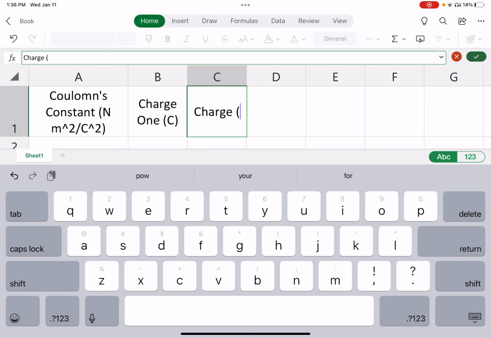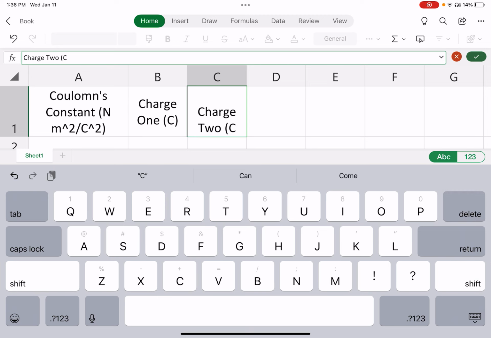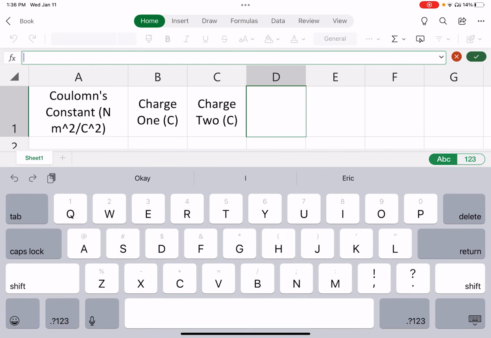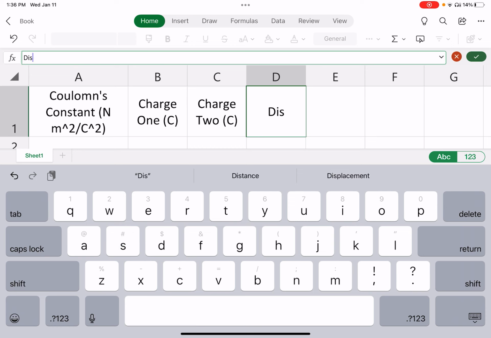And then we have charge two. I expect this to be fairly easy for you guys. And this is also in coulombs. So we have charge one, charge two, and then we need the distance of separation, and I guess I should say their centers.